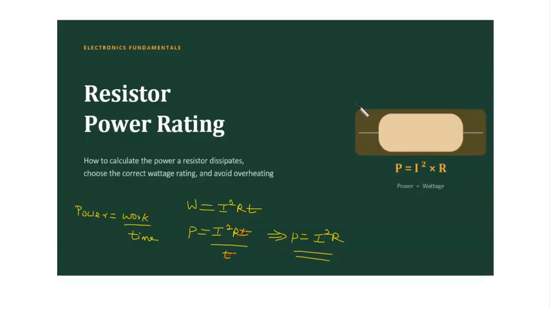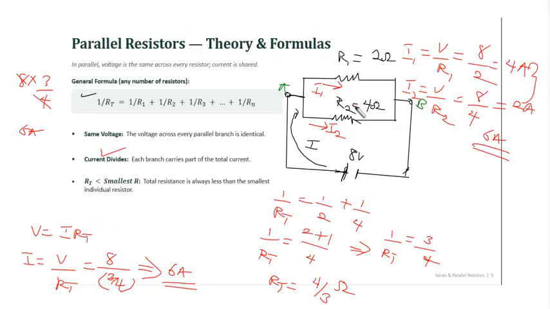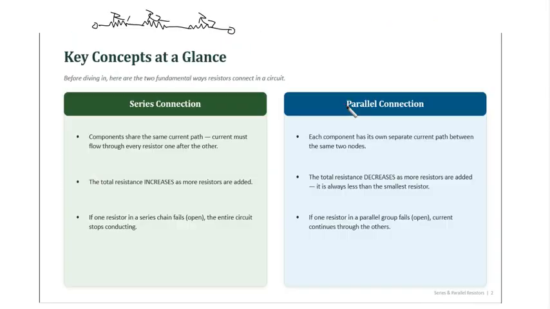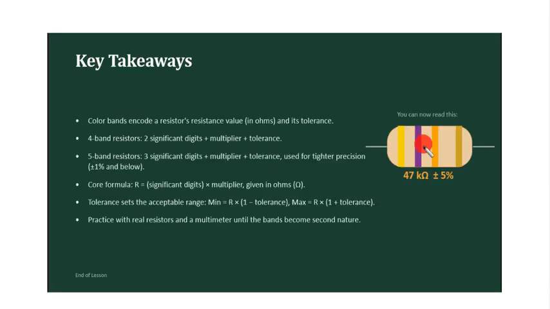Like we have seen that for this kind of resistors that we used in our previous examples that have color codings, usually you don't have anything printed on them because of their sizes. That's why these color codings are used. So you cannot use the color codings to tell the power. You can't read the power rating of the resistor from the color codings. That's one thing to note.